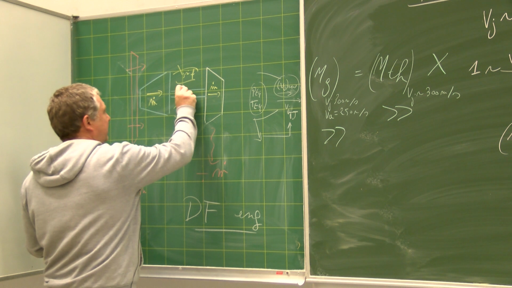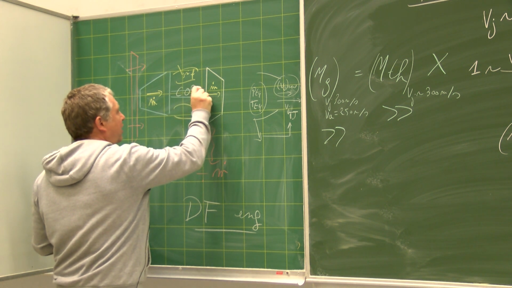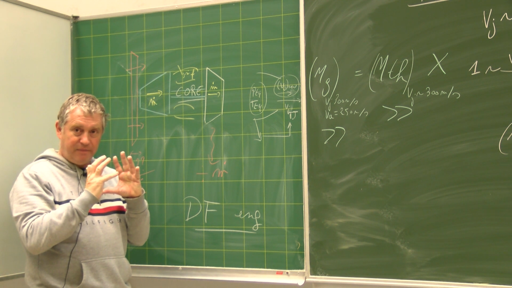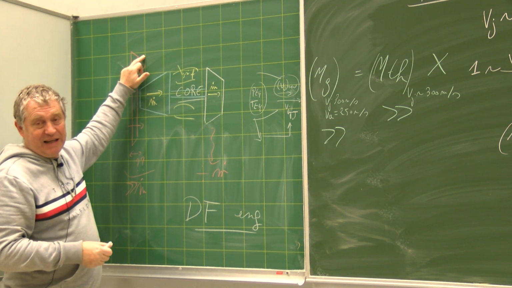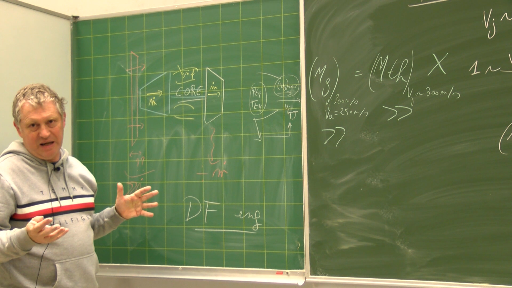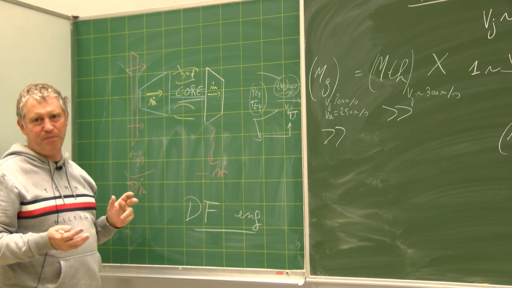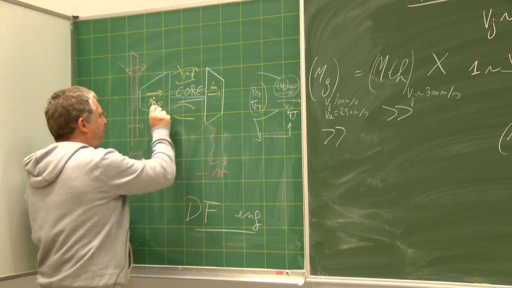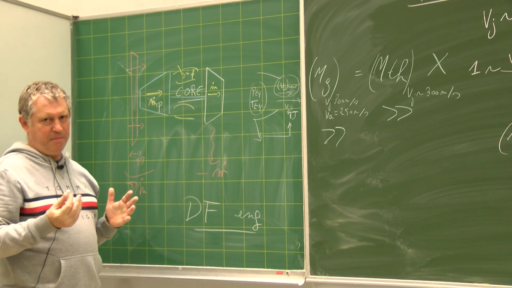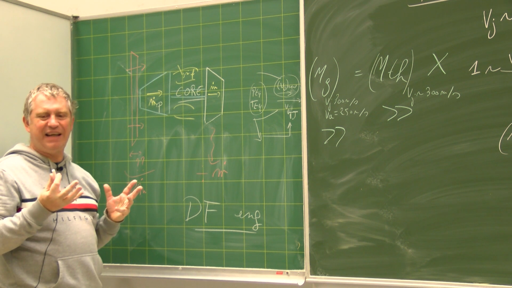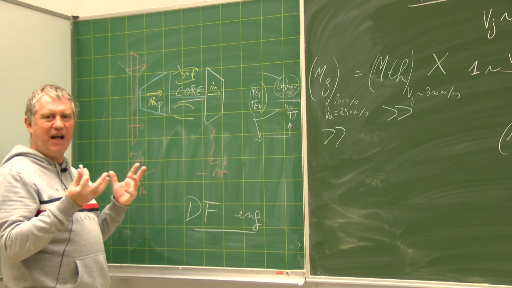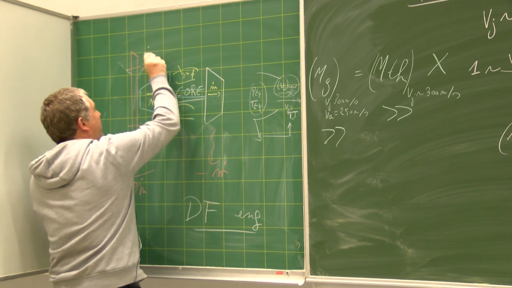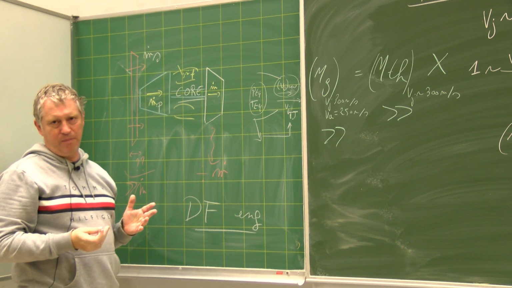We call sometimes this part of the engine the core, that means the central part, whereas the flow outside is cold, let's say, because it's not going into the combustion chamber. We also call the flow here the primary flow, because this is what's creating everything. This is what is the origin of the engine. Whereas this flow, we will call that the secondary flow.